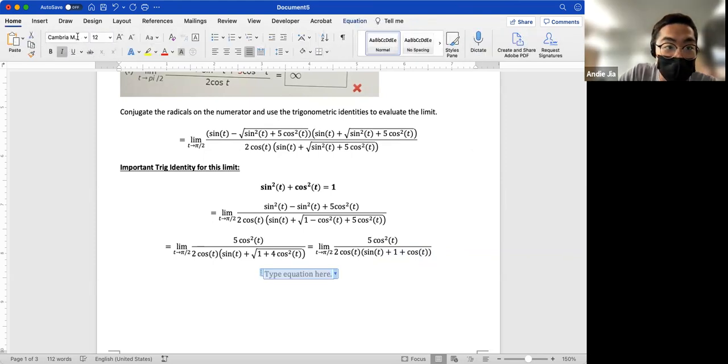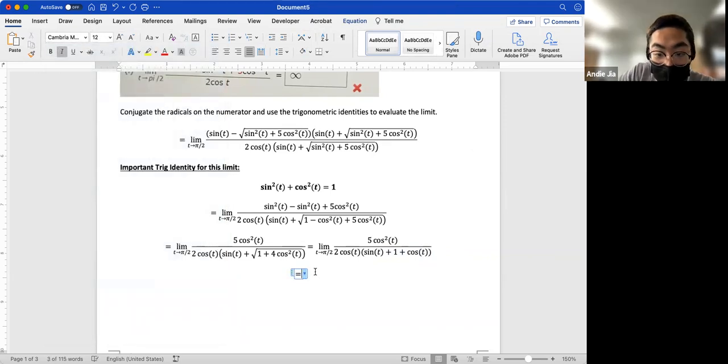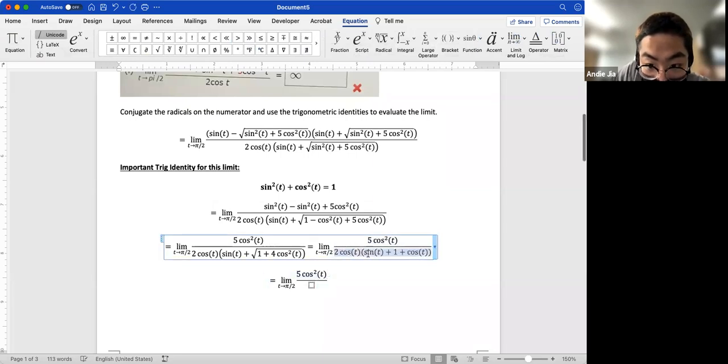Then we just evaluate the limit. Just the 5 cosine of t on the top, and this term on the bottom.